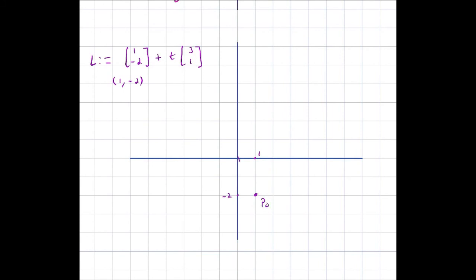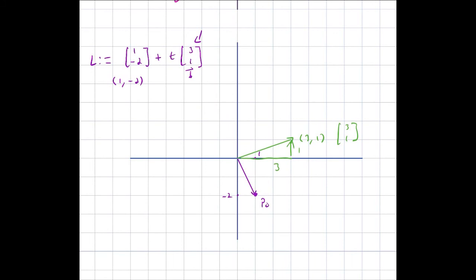This is P0, my position vector, and then this t times the direction vector is telling me that this is going in the direction of the vector (3, 1), a vector that goes over 3 and then up 1.